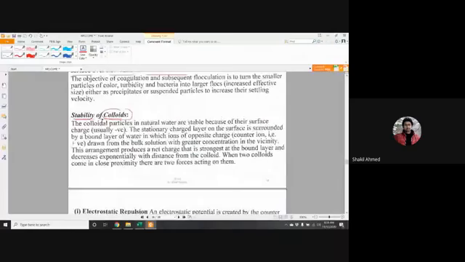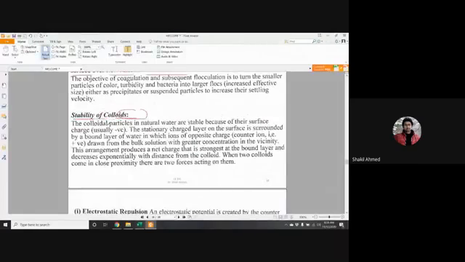The stability of colloids. The colloidal particles in natural water are stable because of their surface charge, usually negative, as I told you. The stationary charge layer on the surface is surrounded by a bound layer of water in which ions of opposite charge are drawn from the bulk solution, with greater concentration in the vicinity. This arrangement produces a net charge that is strongest at the boundary layer and decreases.